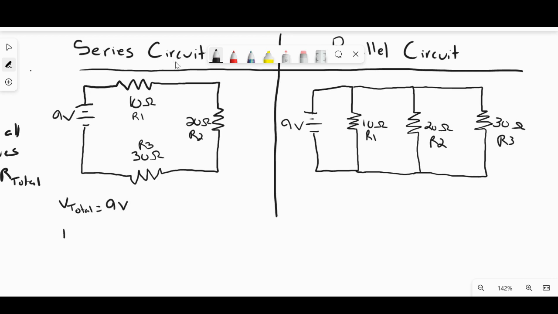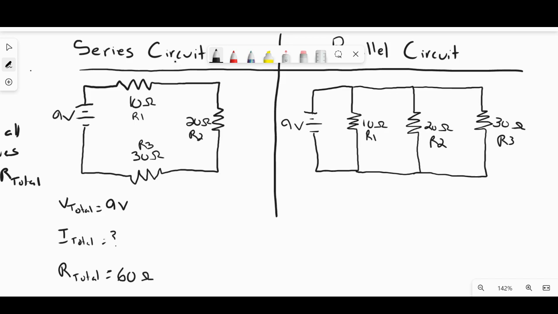All right, current total, we don't know that yet. And resistance total, that's equal to, as we said, just adding up the resistors. So R1 plus R2 plus R3. In this case, it would be 10 plus 20 plus 30. And if we add that up, we get 60 ohms.